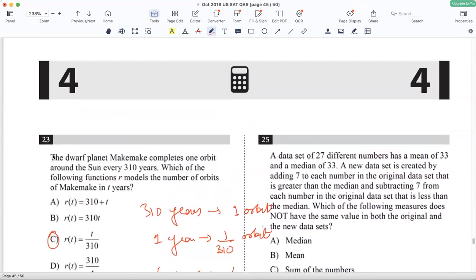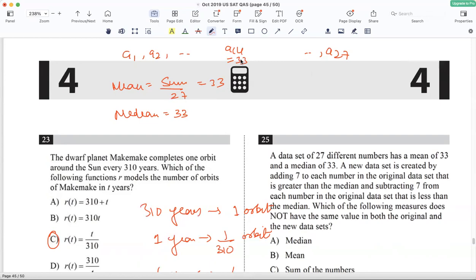Okay, so there are 27 numbers. So let's say A1, A2 up to A27. And the mean is 33. So the mean is the sum of these numbers divided by 27, and that's 33. And the median is also 33. So the median will be the 14th value. So A14 is 33.